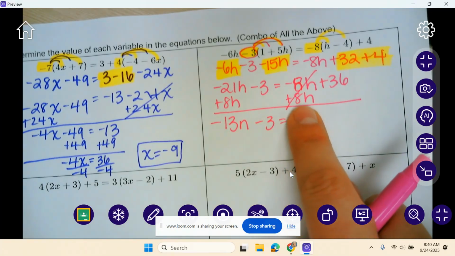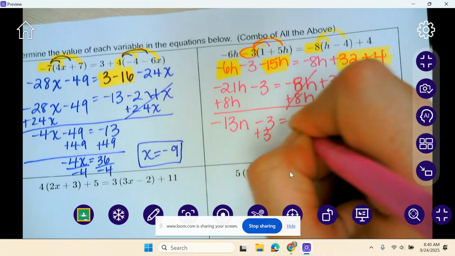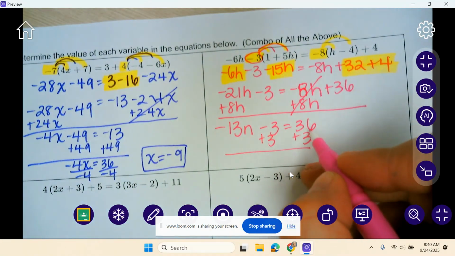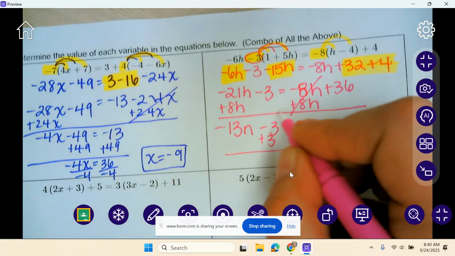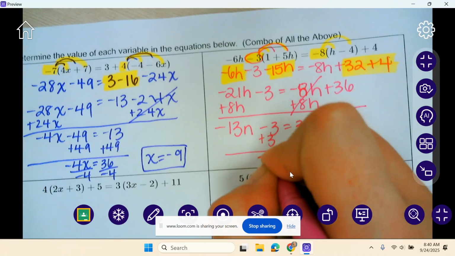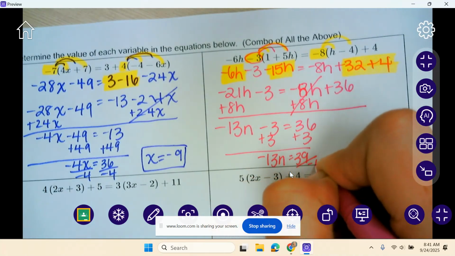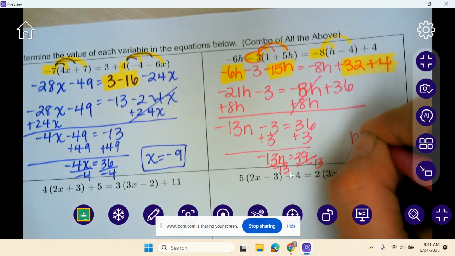This side of the equal is where the variable is. This is the side I need to get rid of the constant. So I get rid of the 3. That's also a common mistake I see is people try to get rid of 36 and they have a 0 over here and then it gets really messy. So just move the constant on the side of the variable. So -13n equals 39. Divide by -13, and then n is -3.